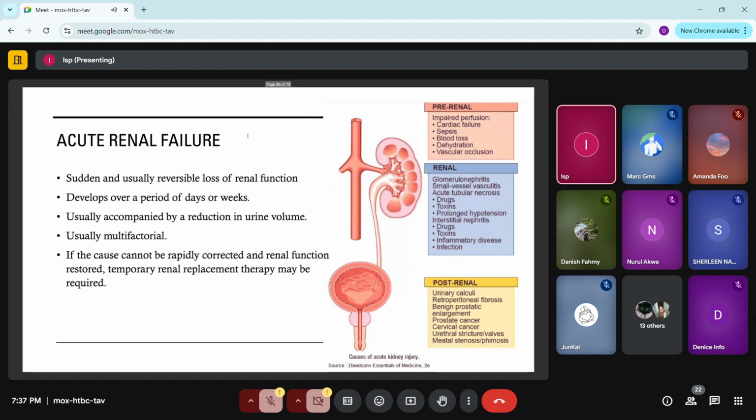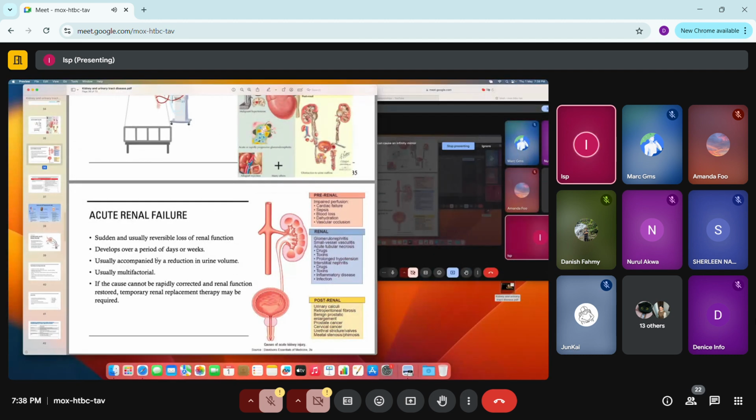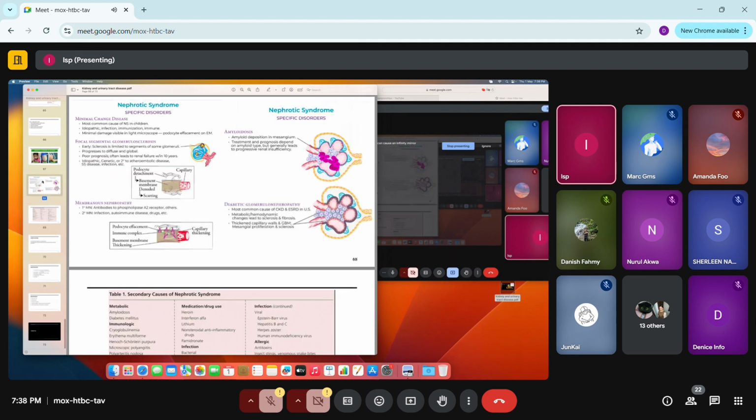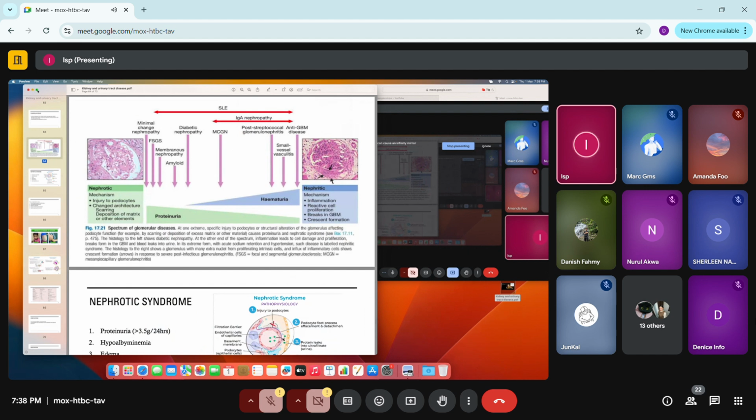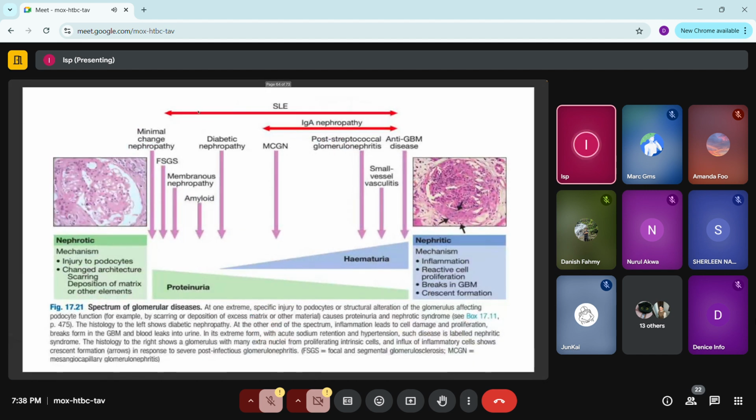So basically, renal causes are all this, all the causes of glomerulonephritis and renal injury. Commonly, the one that is important for you is still diabetic nephropathy. The rest actually are not very important for you to know.